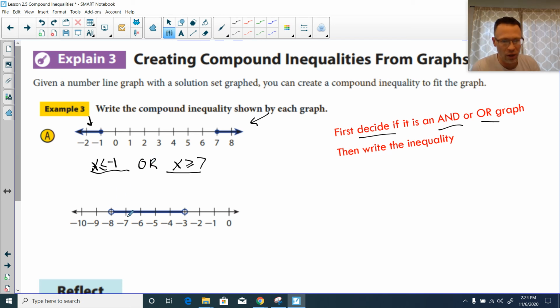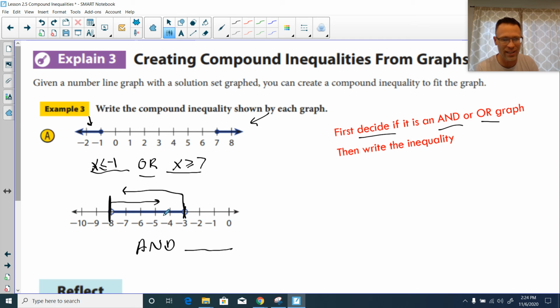So the next one, if I look at it, this is connected, right? So the original graphs, remember, would look like this. They'd have some overlap. So they go this way and they go that way. And then we'd say, well, where's the overlap? It'd be right in between here, right? And then we're left with this resulting graph. So what you have to do is put your connecting word in, just like we did before. And then what am I connecting? What is one of these graphs, right?